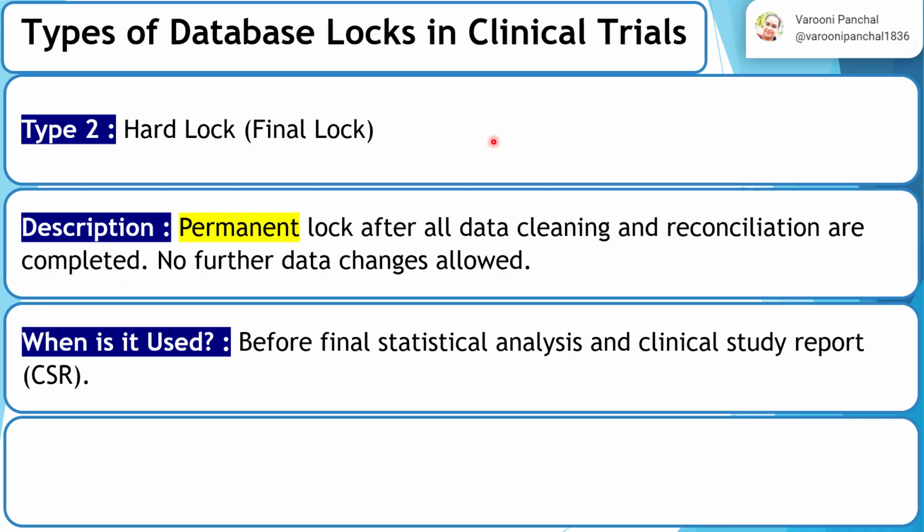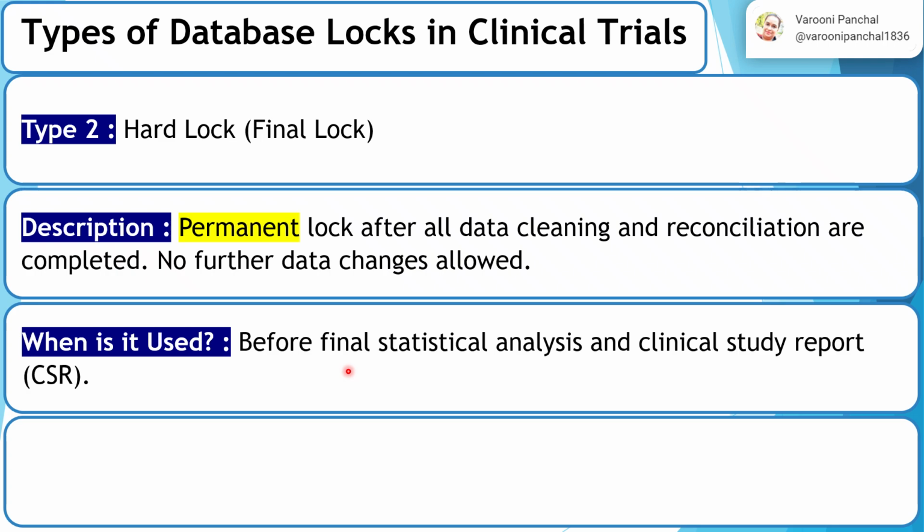Now it is used before conducting the final statistical analysis and clinical study report. Here I'm talking about the final. As and when the database is designed and starts entering one or two patients' subject data, minimum two patients' subject data should be there, so that the programmers and the statisticians can start doing the programming activities and prepare their code.